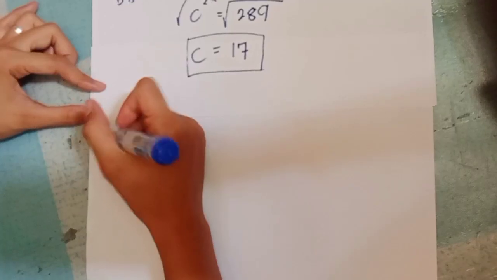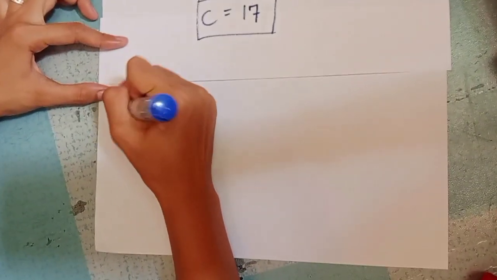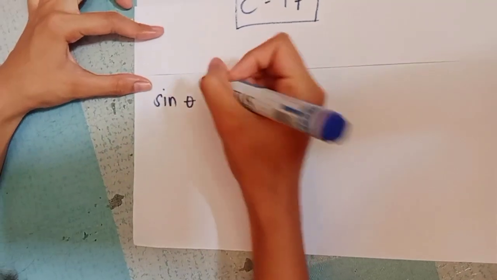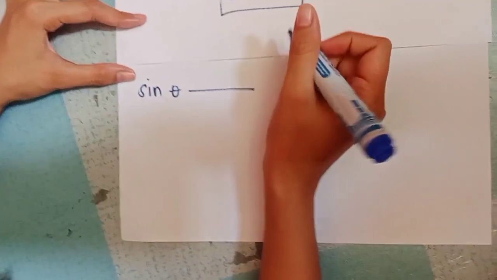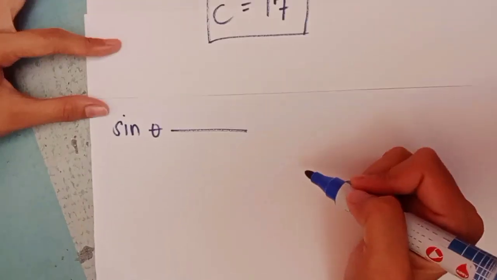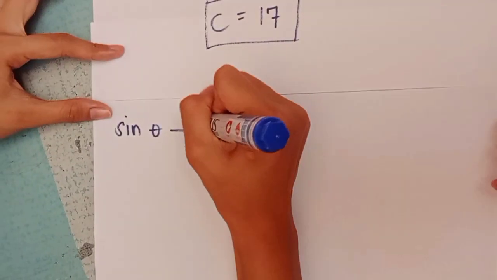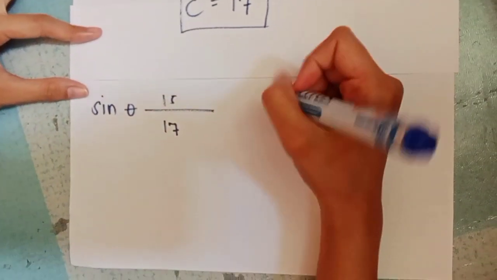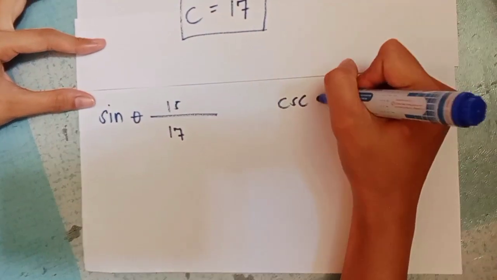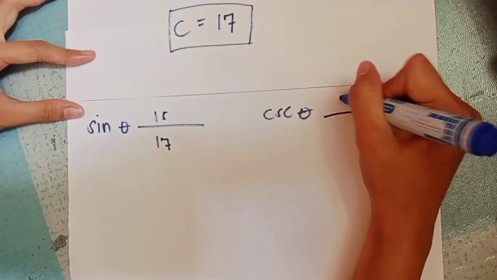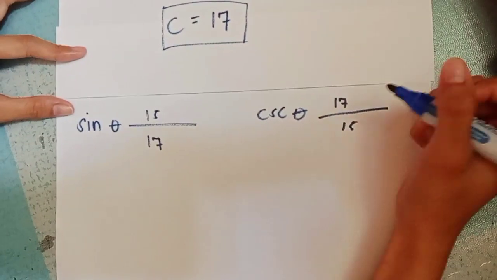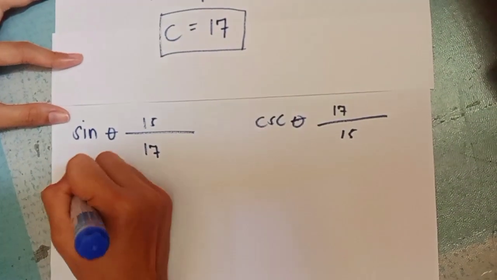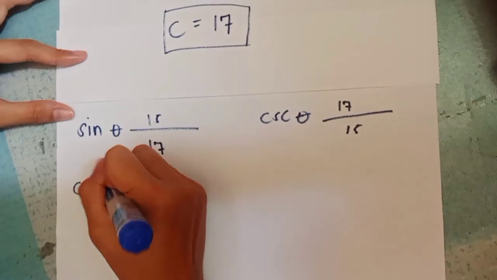Now I will write the six trigonometric functions: the sine, cosine, and tangent, then the reciprocals of sine, cosine, and tangent. Sine equals 15 over 17, then the reciprocal of sine is cosecant, which is 17 over 15.